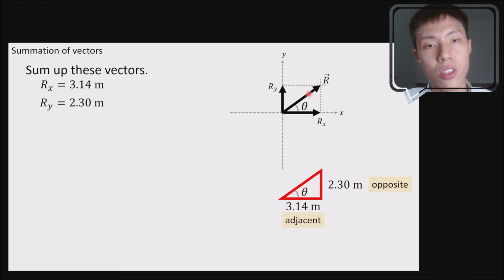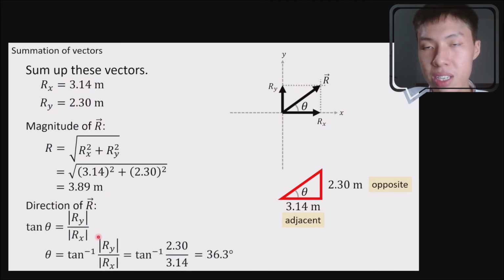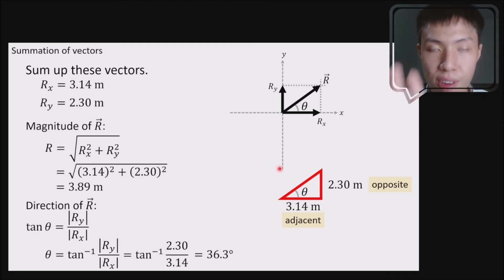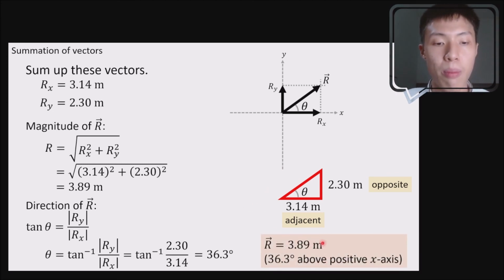Fourth step, using this diagram, we determine the magnitude using Rx and Ry, of course, and we determine the direction. Determining magnitude and direction is the fourth step. The fifth and final step will be to write the vector out by including the magnitude and the direction, with the direction well described in words.